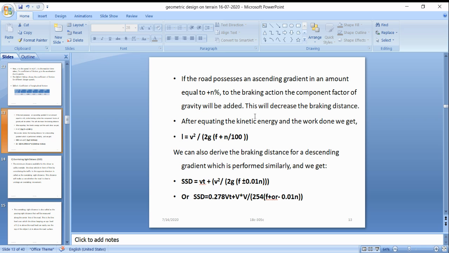So this is the formula, or it can be written as SSD equal to 0.278 Vt plus v square by 254 into f plus or minus 0.01 n. So this is the stopping sight distance formula.